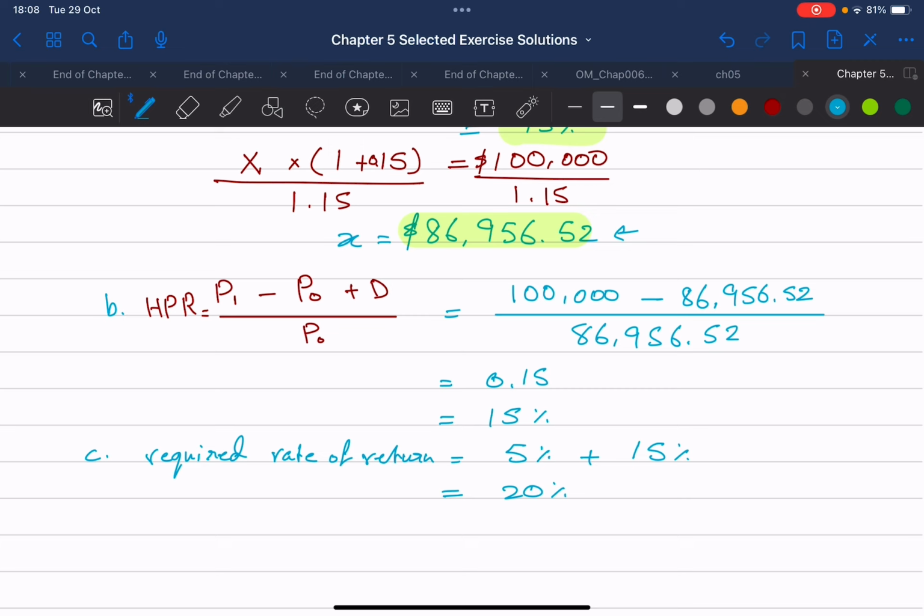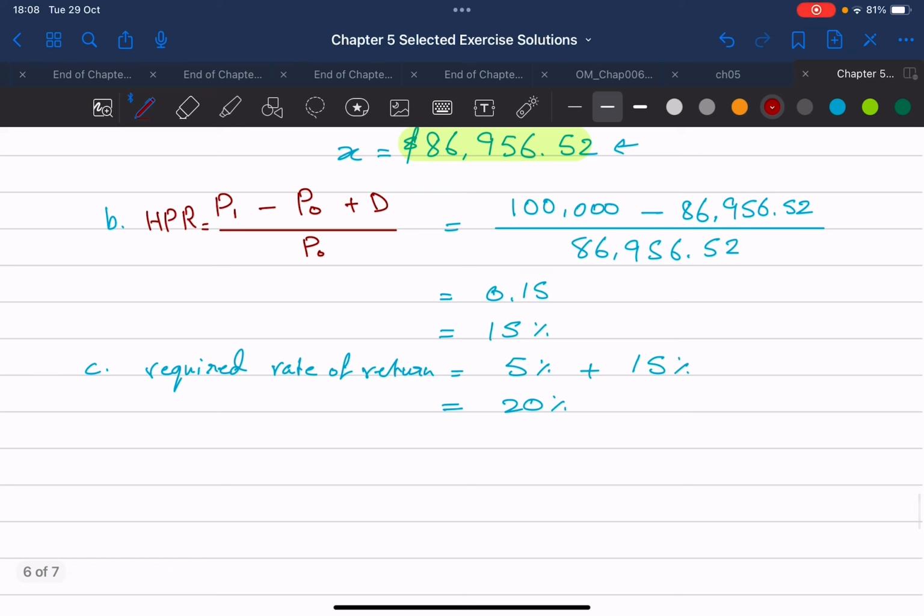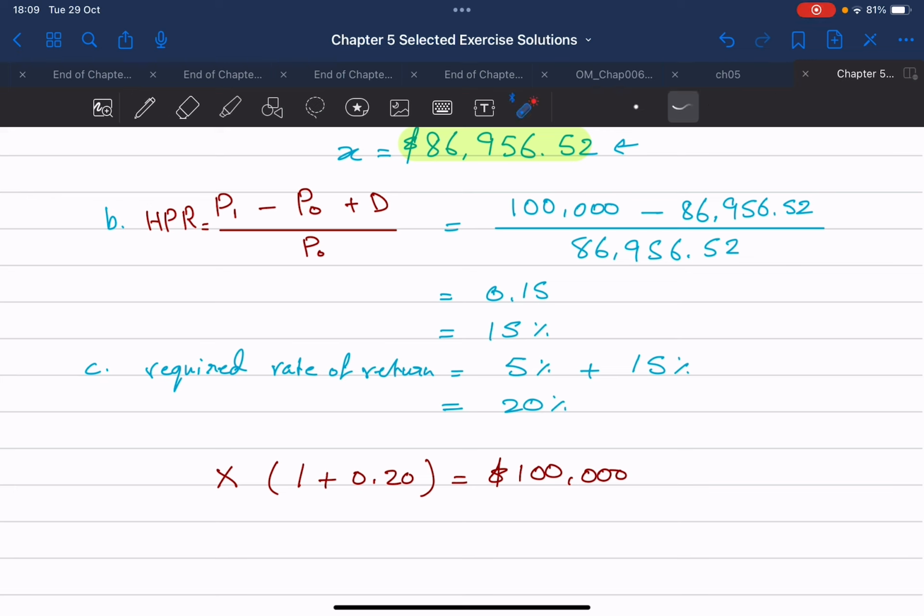Okay? And again, we need to find the value of an investment. We'll say it is X, that if we multiply by 1 plus 0.20, which is 1 plus 20%, should give us $100,000. Okay? And now we just solve for X.